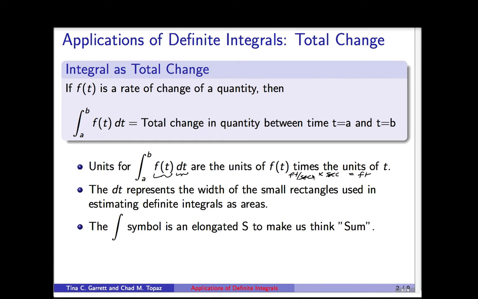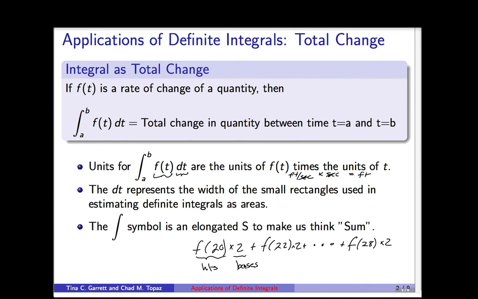And then a little bit about the symbol, it looks like an elongated S, and it's to make you think sum, because what we did when we estimated was we computed f of 20 times the dt, which was 2, and then we did this a whole bunch of times for different rectangles, and we added those all up. So the integral became essentially a sum of values of the function, those are the heights of the rectangles, times these little elements dt, and those were the bases of the rectangles.